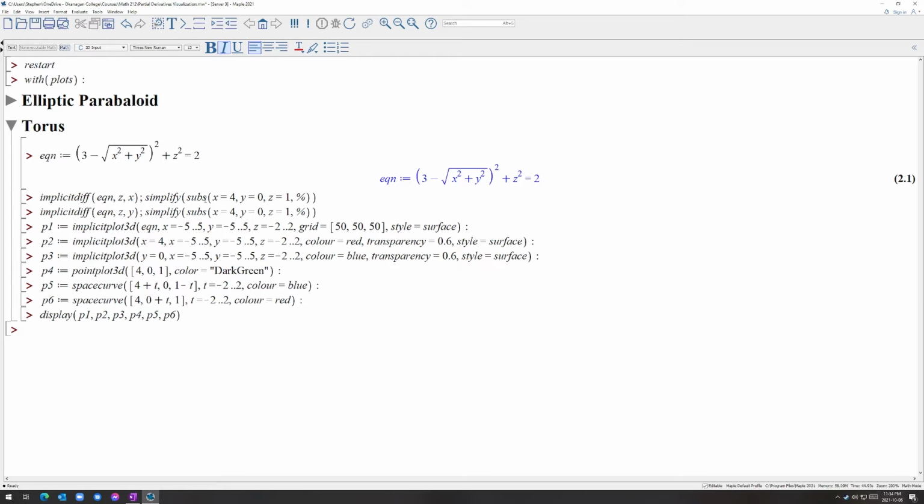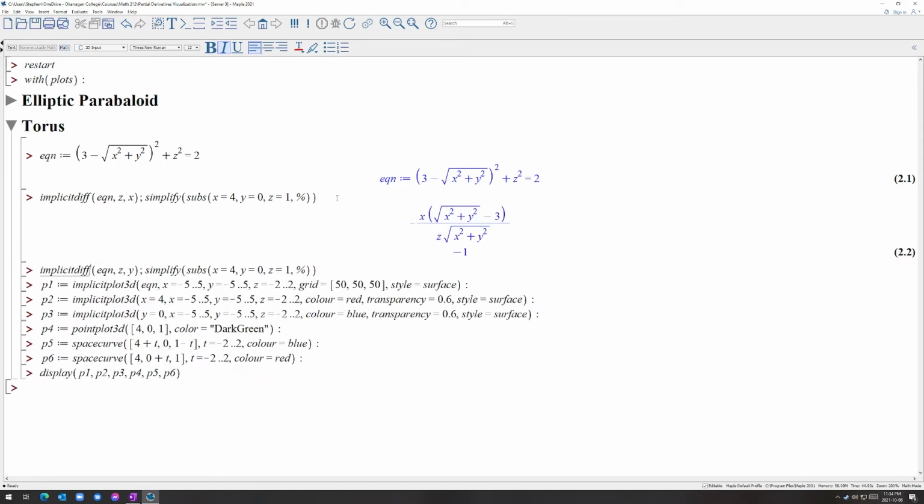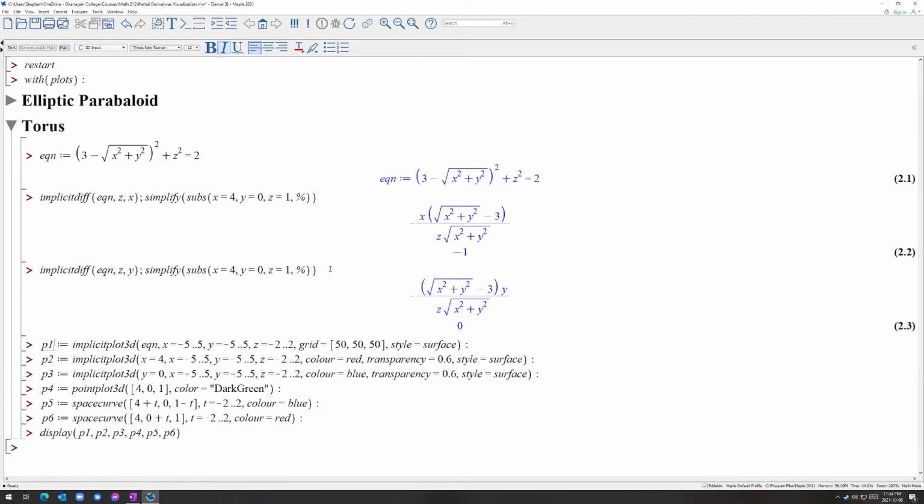And then I'm also going to go ahead and plug in x equals 4, y equals 0, z equals 1 into that little percentage sign shortcut and simplify the result. You can see we do in fact get -1, which is what we computed by hand. We can do the same thing for del z by del y. We just need z with respect to y in the implicit diff command. And again, we'll plug in the point and we end up getting 0.